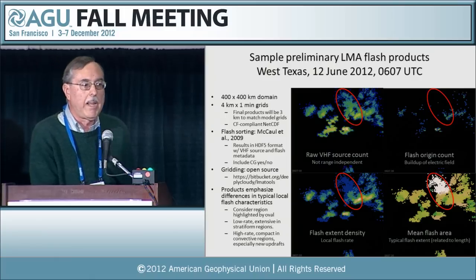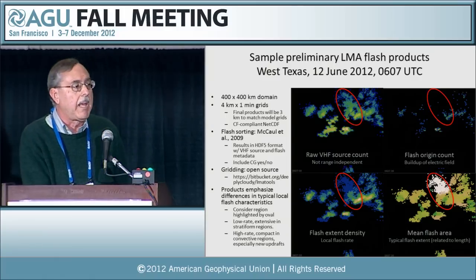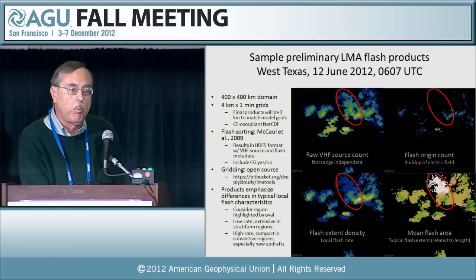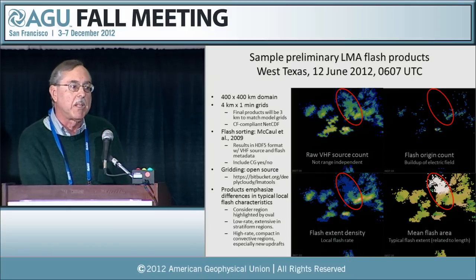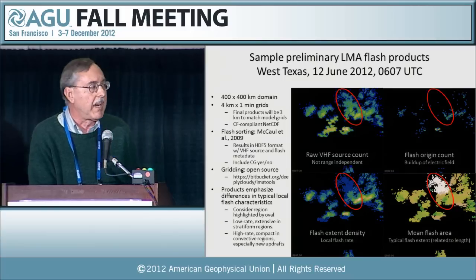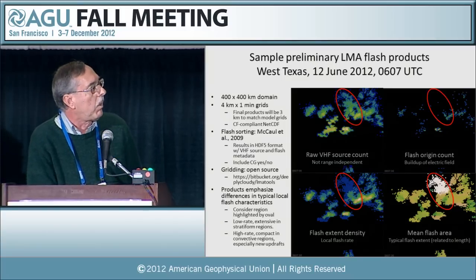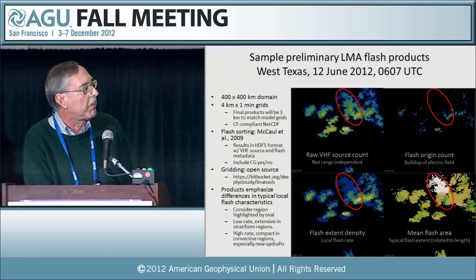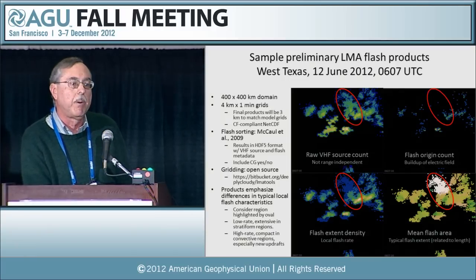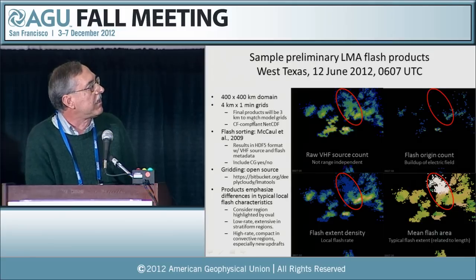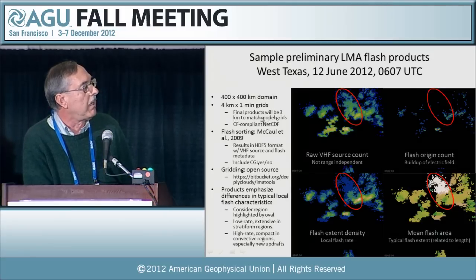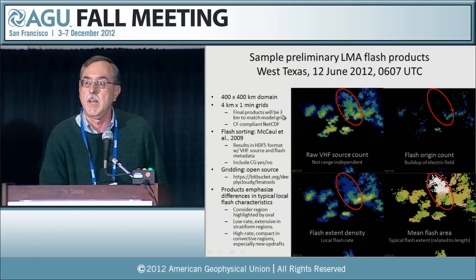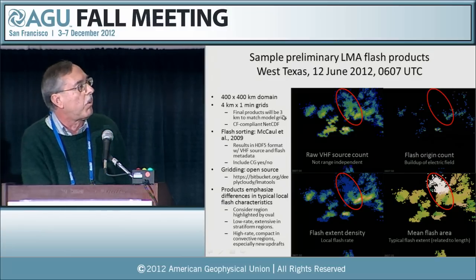Now, we have all these facilities I've described, and what we're interested in doing now is coming up with exactly what the products are going to be that will be useful for the DC3 analysis. And what we've decided on is these four types of products that will be produced on a 3-kilometer grid for each of the 3 study areas that I showed before.